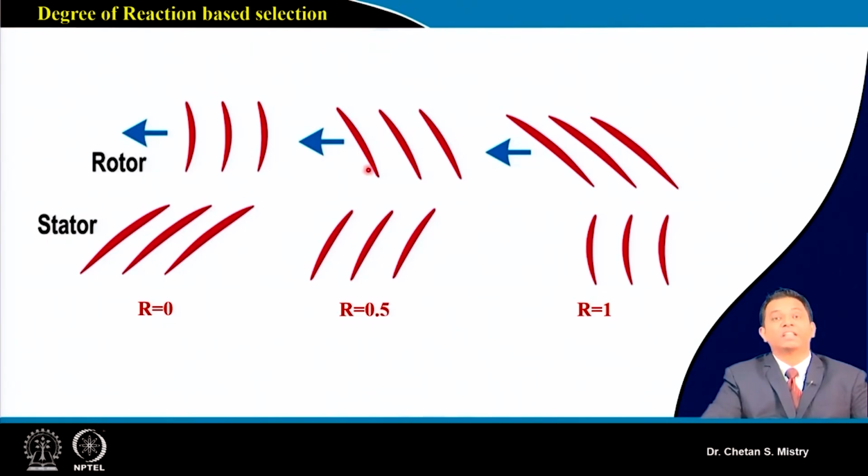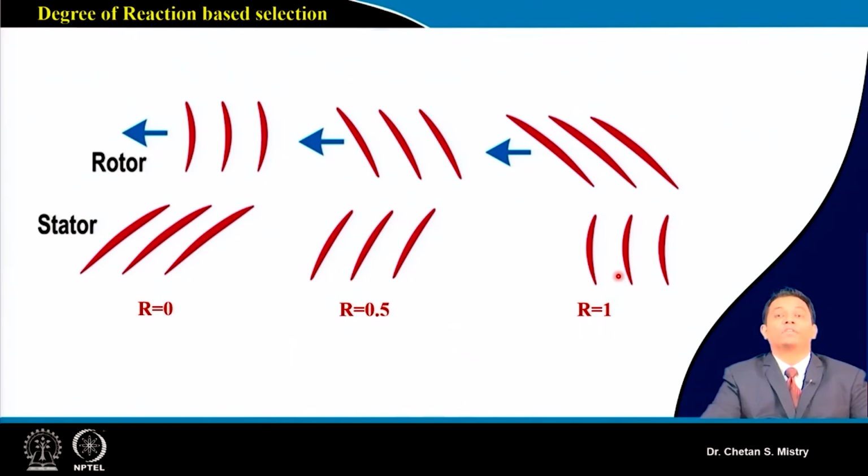Suppose we consider a 50% configuration, again we are looking for different kinds of aerofoils, different shapes of aerofoils. In the same way, for 100%, the whole lot of work is done only by the rotor, and my stator acts like a guide for the flow. So here we are looking for a constant area passage for the stator.